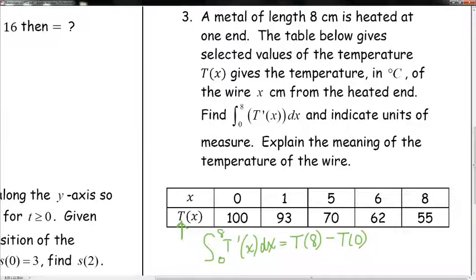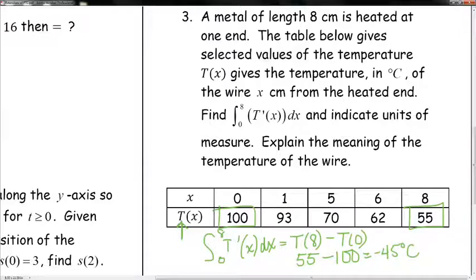Well, T of 8 is 55. T of 0 is 100. So we're talking about negative 45 degrees Celsius.